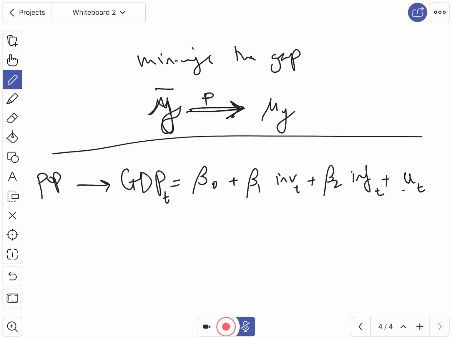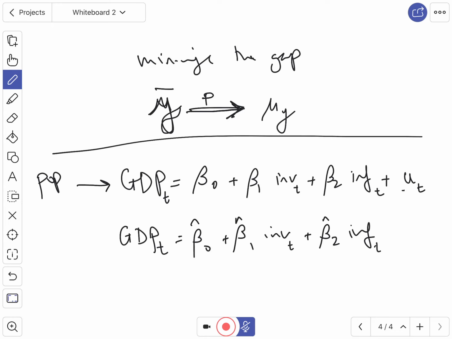I want to estimate this, so I'm going to get a data set and use software to get estimators for these parameters, and again, these variables are over time.